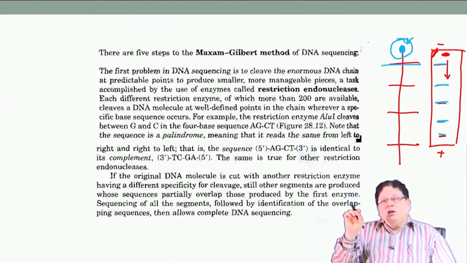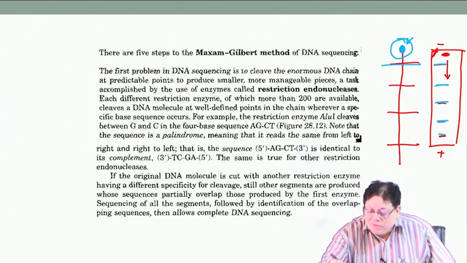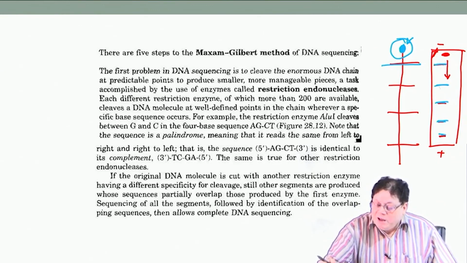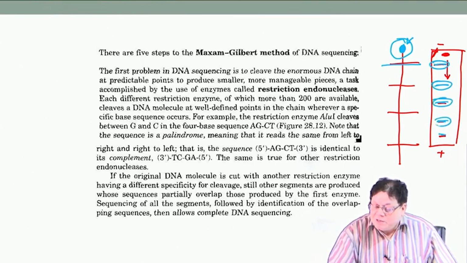Initially, only the radioactive technique was used. That means, instead of fluorescence, you put a radioactive tag here. So, wherever there are DNAs, those areas will become radioactive because of the presence of the radioactive tag.